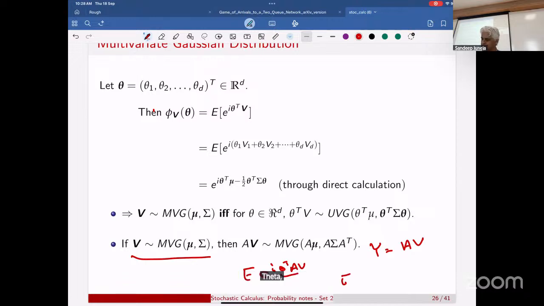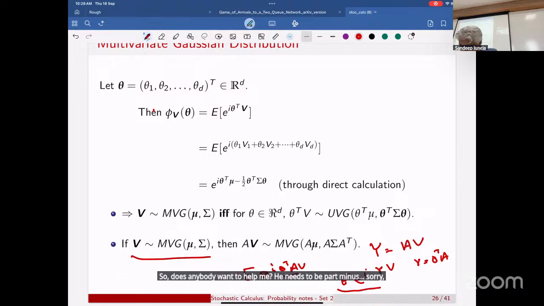It's e to the power i gamma V, where gamma is equal to theta transpose A. We have to evaluate this, and we should be able to say that it's i gamma transpose V. Does anybody want to help me? e raised to the power i gamma transpose mu minus half gamma transpose sigma gamma. That's what we want to show.